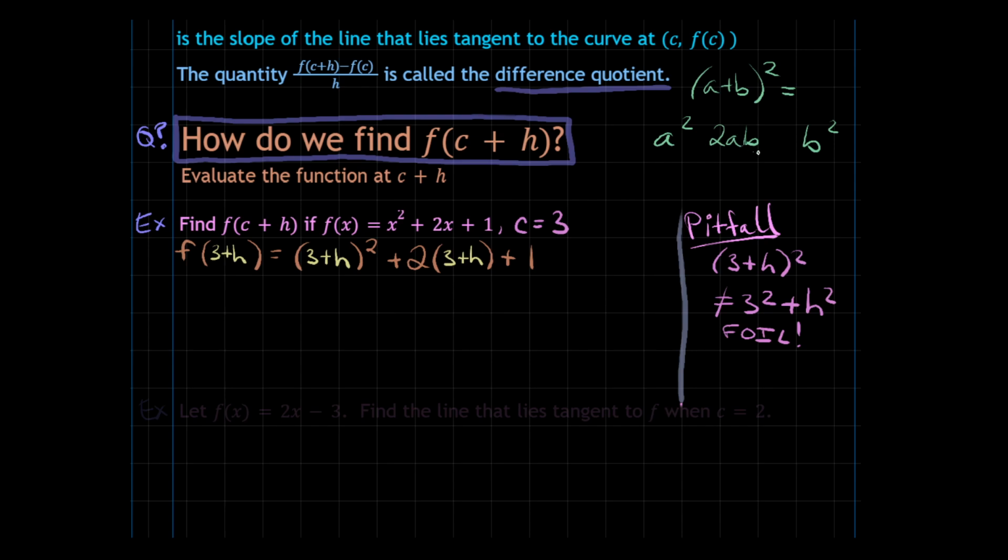And then this here is going to be plus and plus. If it were a minus in between, then this middle one would turn into a minus. Okay? So it's square the first, square the second, twice the product.